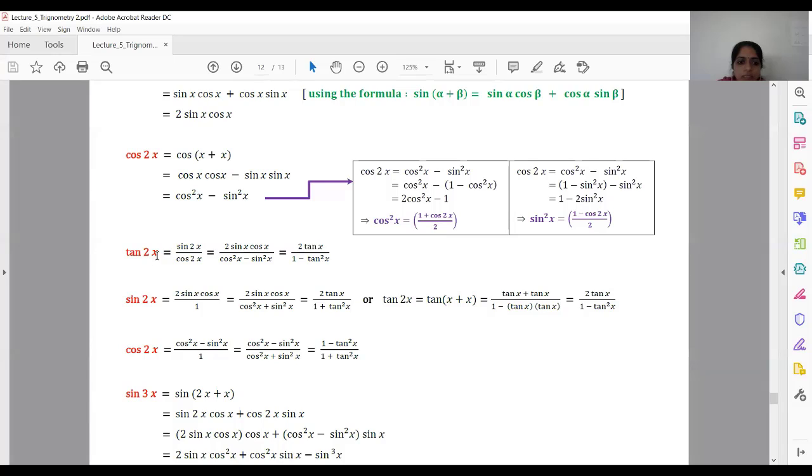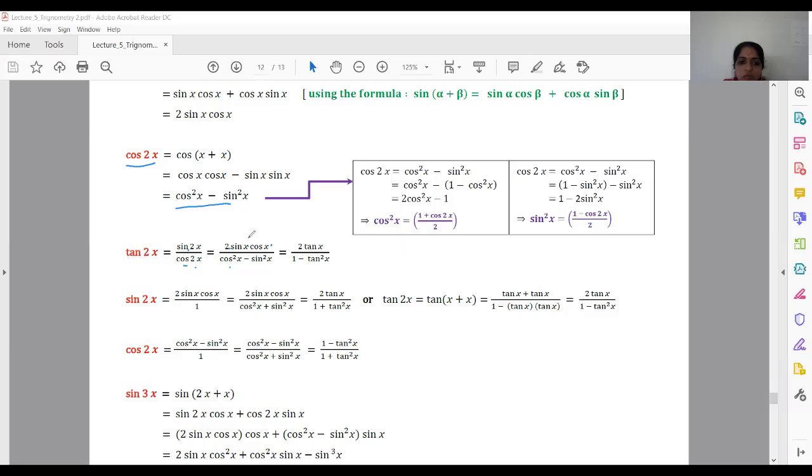For tan 2x, it is sin 2x upon cos 2x. Sin 2x is 2 sin x cos x. Cos 2x is cos square x minus sin square x.